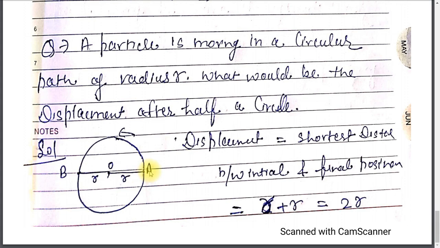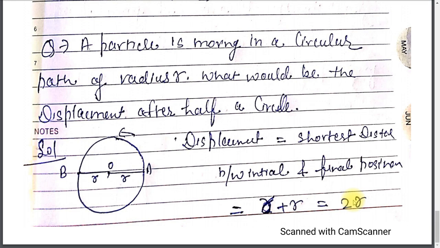Now we will calculate the distance between them. That will be equal to O to A, that is R, and O to B, this is R. So AB will be equal to OA plus OB, that is R plus R, that is 2R. So with the help of the diagram, we can calculate the displacement of the particle after half of the circle.